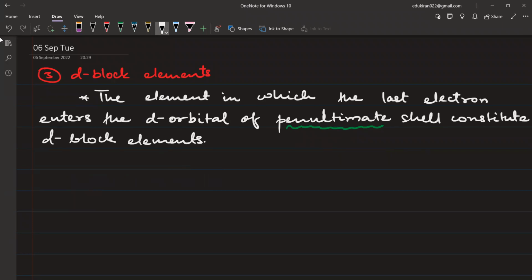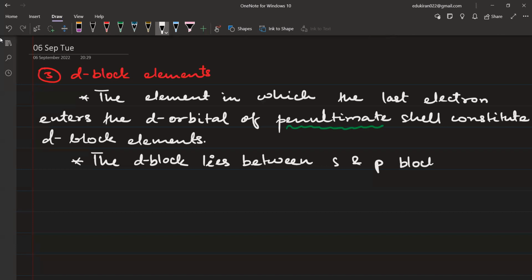Okay. Now write next point. The D block lies between S and P block elements.